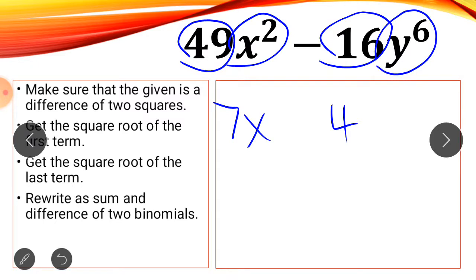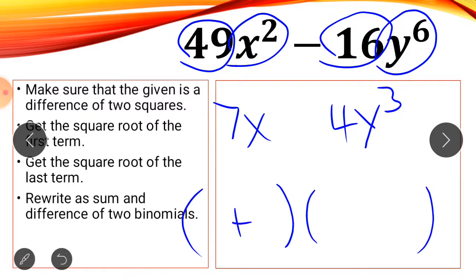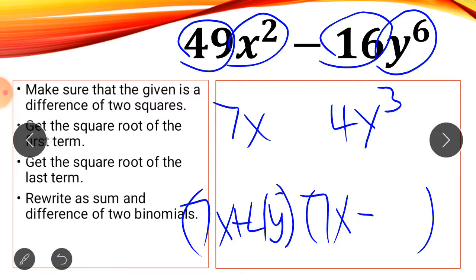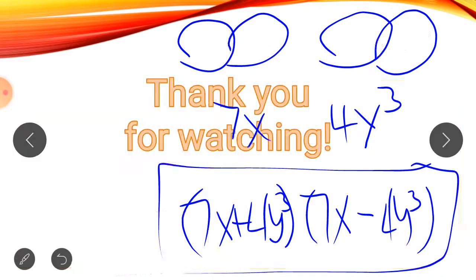Square root of y raised to 6 is y cubed. y cubed times y cubed is equal to y raised to 6 because we add the exponents, right? Okay, so rewrite as two binomials, plus and minus. So 7x plus 4y cubed, 7x minus 4y cubed. Okay, so that's easy, right?